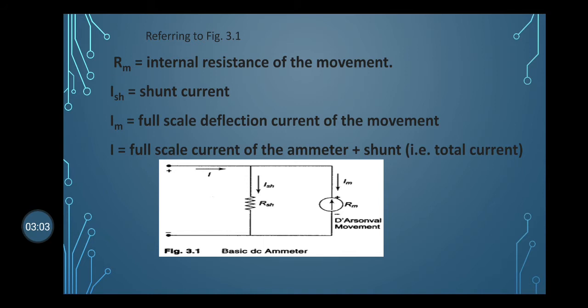Capital I is the total current flowing from the source, the summation of the current through the shunt resistance and the current through the meter, that is I is equal to Im plus Ish.